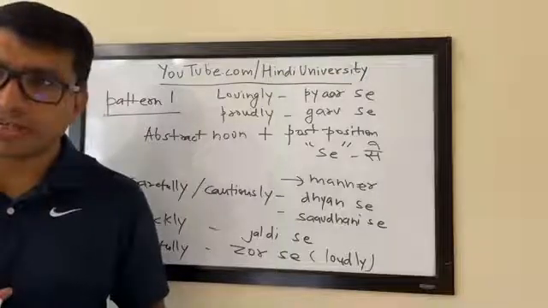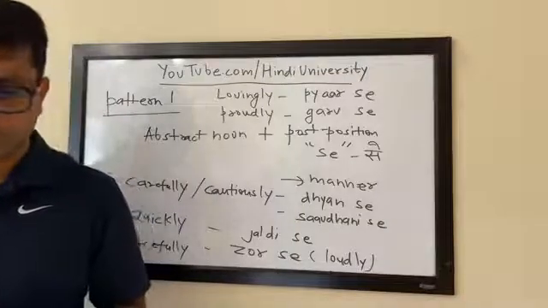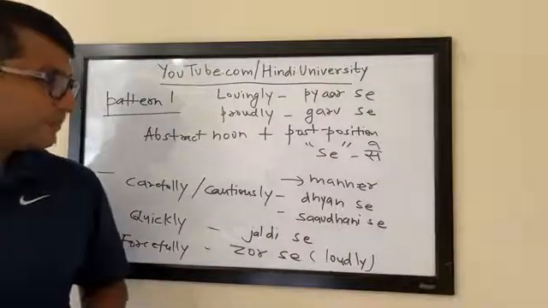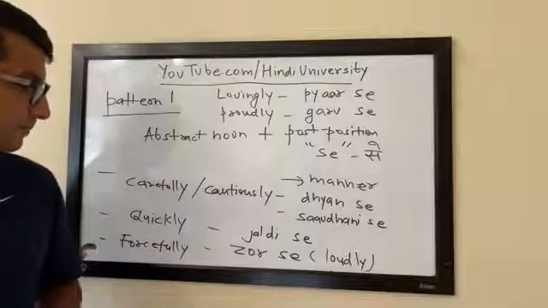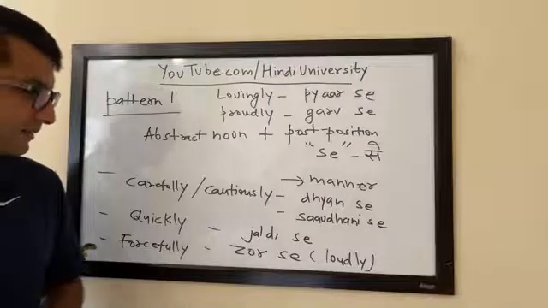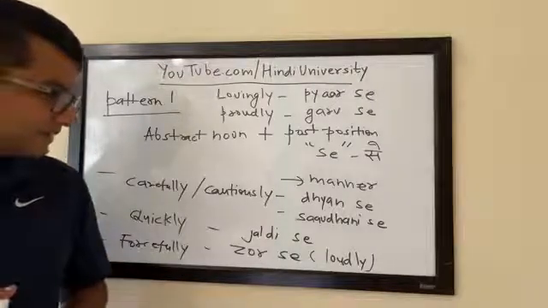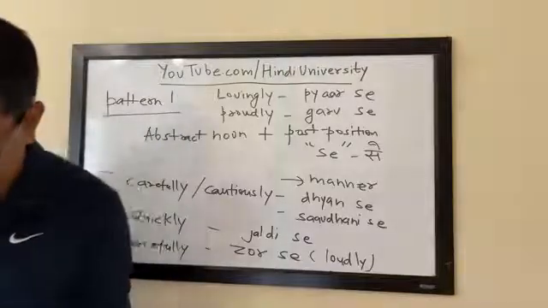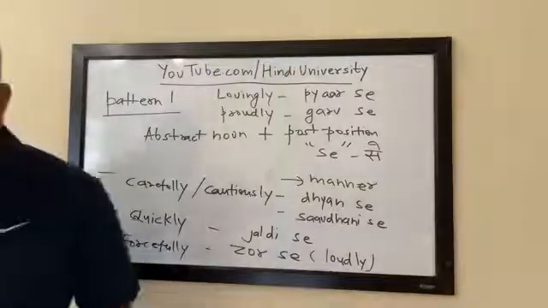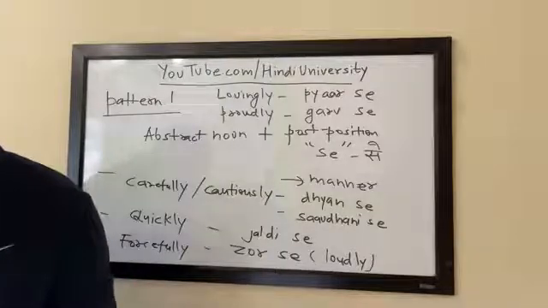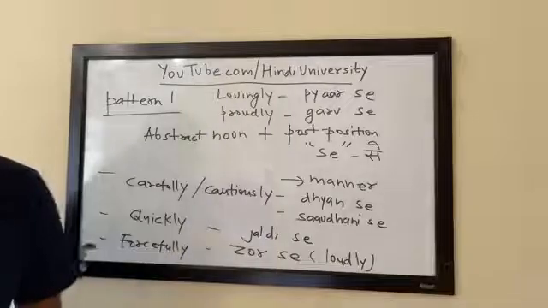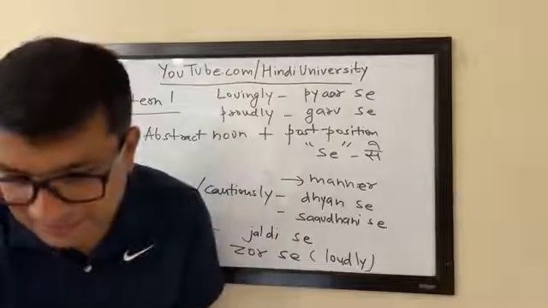Okay, awesome. So I want to say I run quickly on the street. मैं सड़क पर जल्दी से दौड़ती हूँ. Okay, awesome. And what does it mean? I run quickly on the street. Okay, awesome. Anyone else?